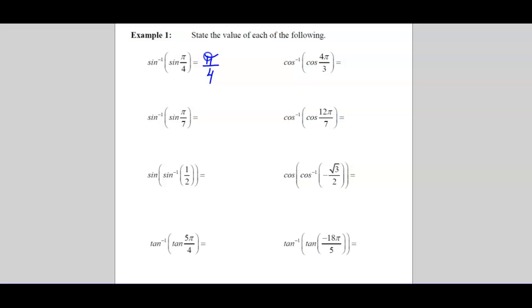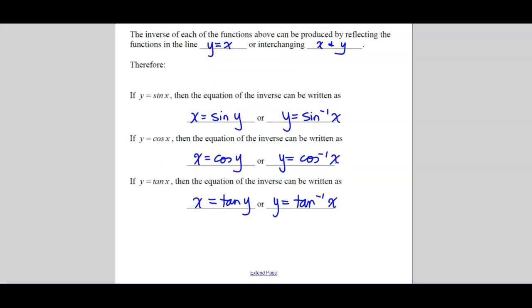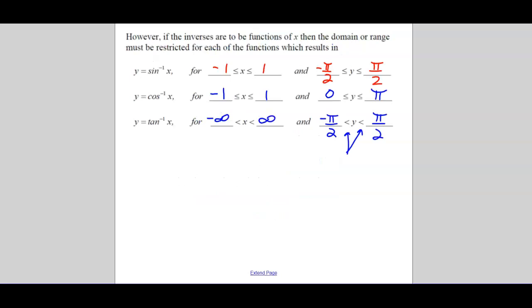But if you're doing sine inverse of sine, then you'll get pi over 7. Pi over 7, pi over 4, these values fall in this interval of values here. They're between negative pi over 2 and positive pi over 2.